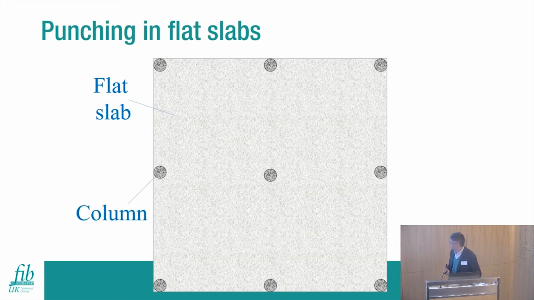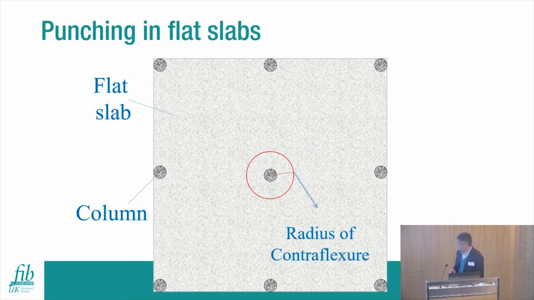This slide shows a plan view of the simple flat slab building, and it shows that the elastic radius of contraflexure is positioned at approximately 0.22 times the slab span from the column center line.